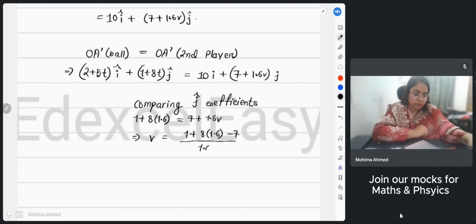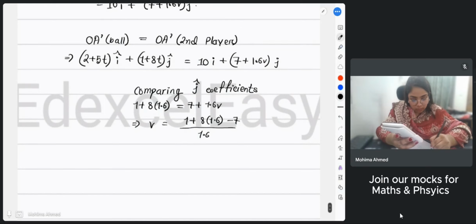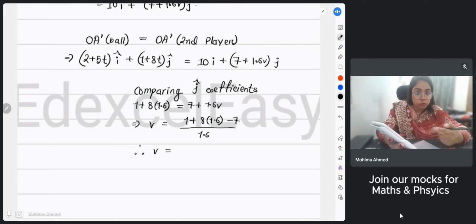So 1 plus 8 times 1.6 minus 7 over 1.6 is 4.25. So the final velocity, which is the second player moving from point B to the north of point B in order to meet the ball, was 4.25 meters per second.